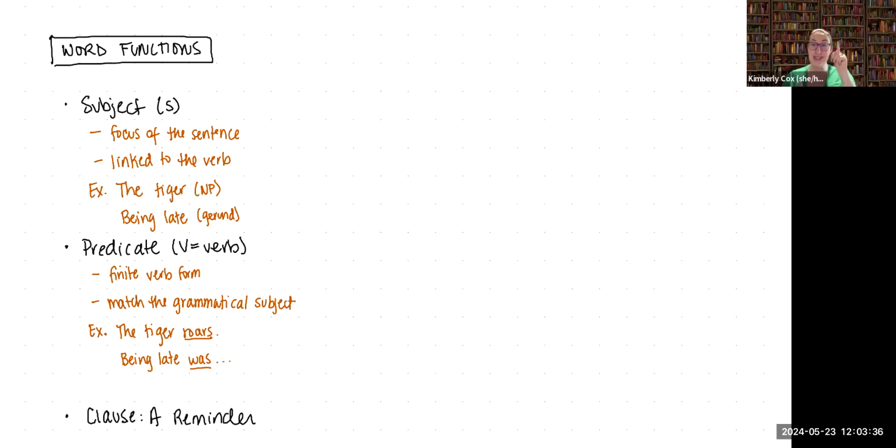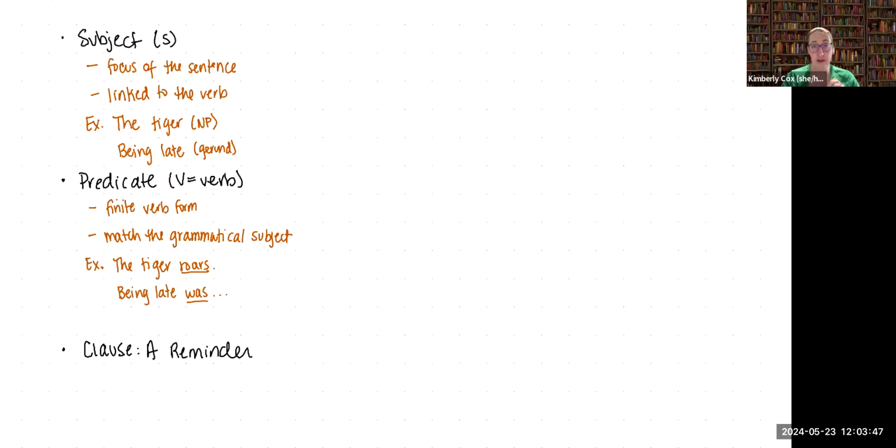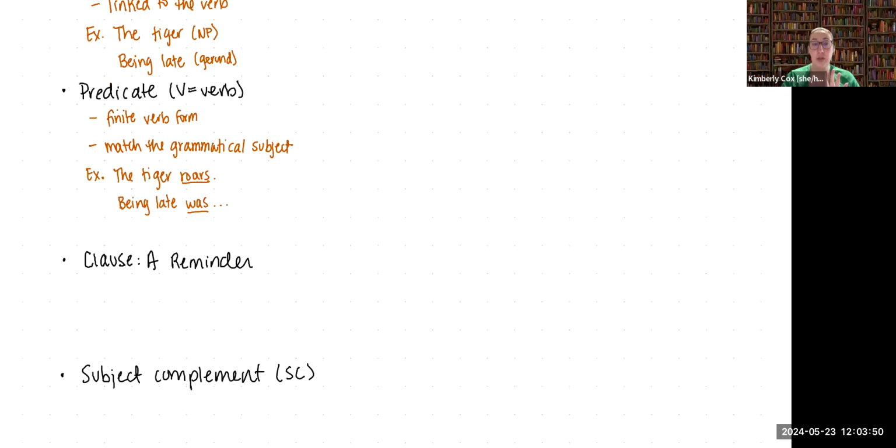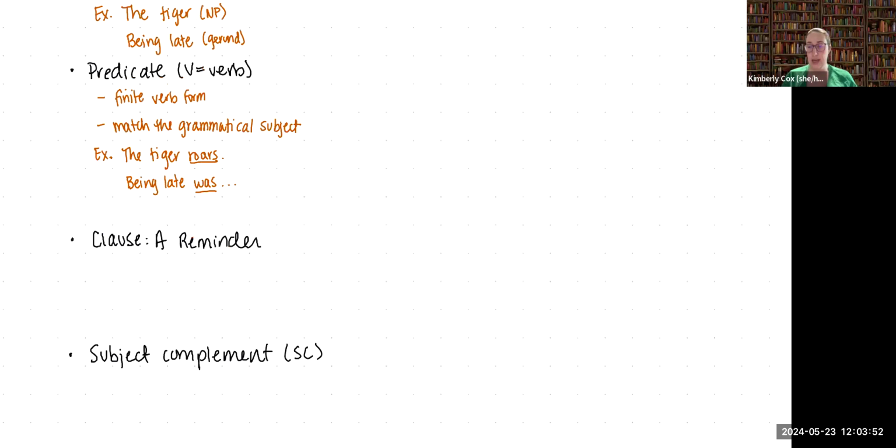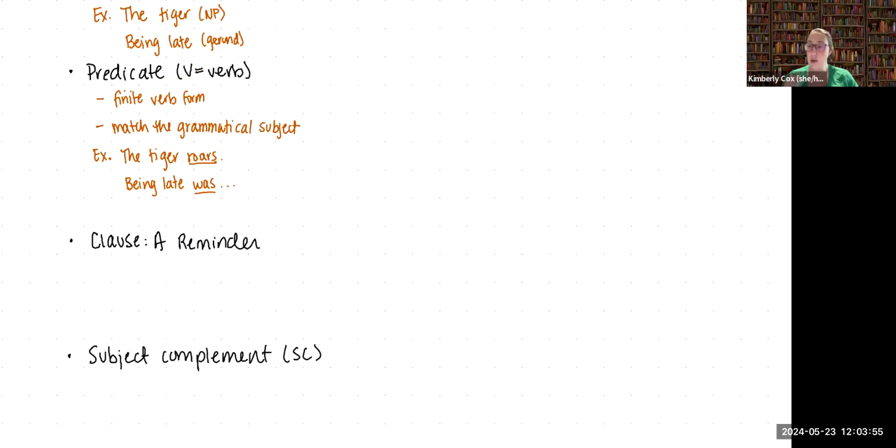What's important to note is that it's not as simple as noun, verb, direct object as we usually talk about it. Before we jump into the other functions in a sentence, we're going to talk about clauses for just a second. Because what you need for a clause is a grammatical subject, right? And a predicate.